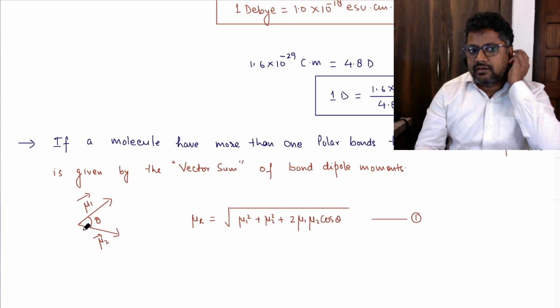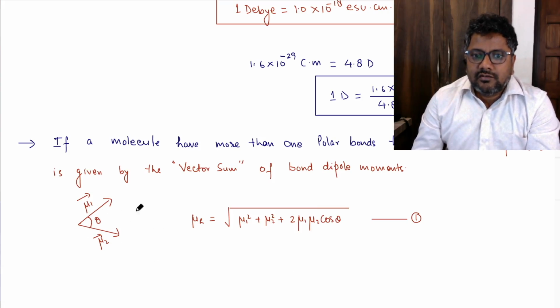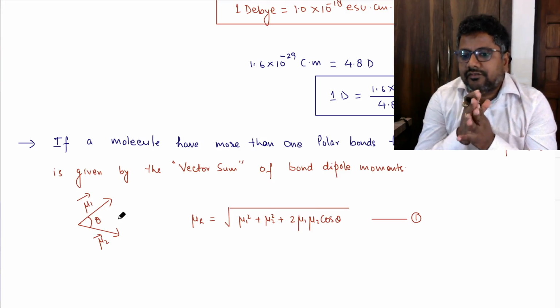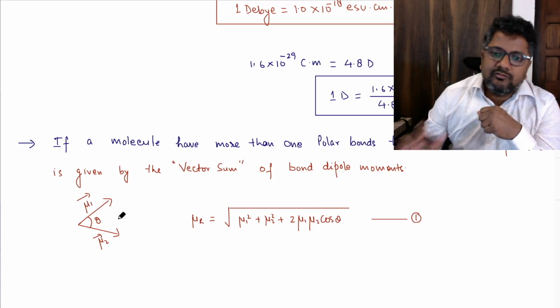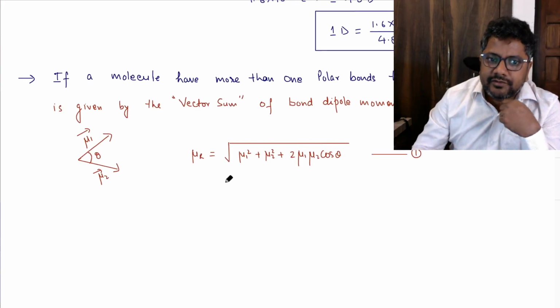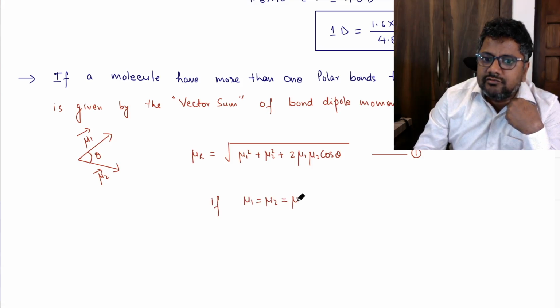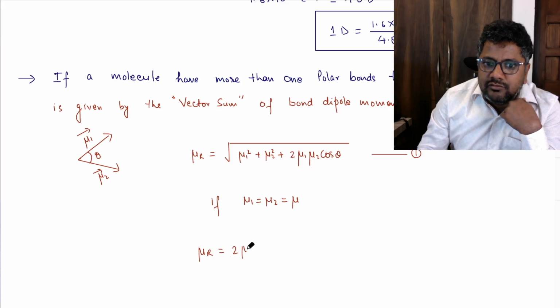If a molecule has more than one such vector, then this is the vector sum. Dipole moment is the vector sum of all such bond moments. And if mu1 is equal to mu2, let it be equal to mu, then equation 1 reduces to mu r is equal to 2 mu cos theta by 2.